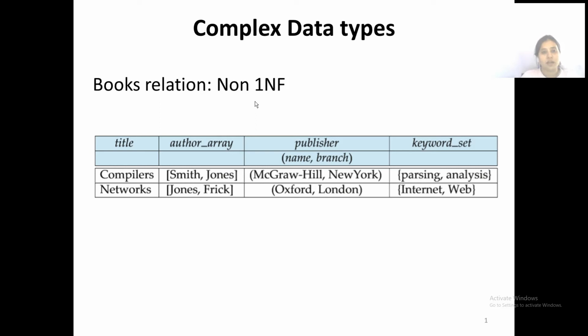Let us see another example, address. The entire address could be an atomic data item of type string, but it hides details like street number, city, state, and pin code information.